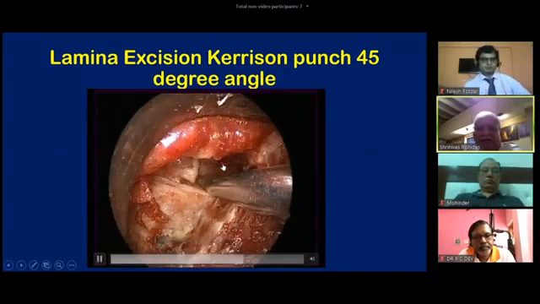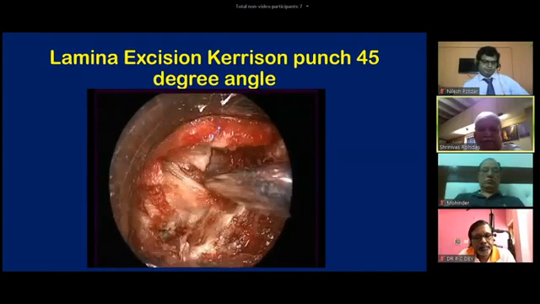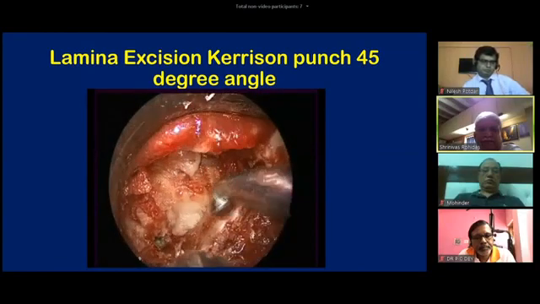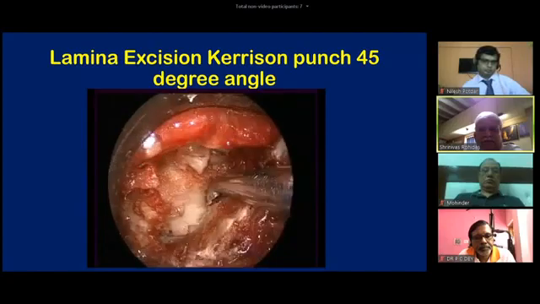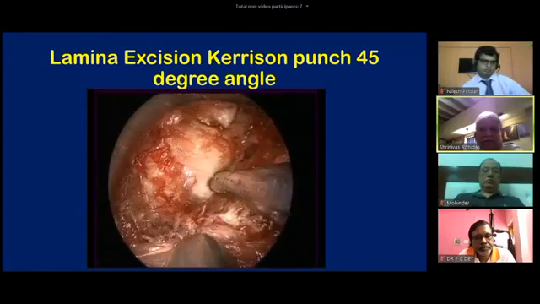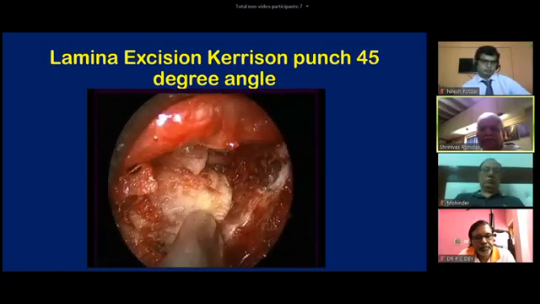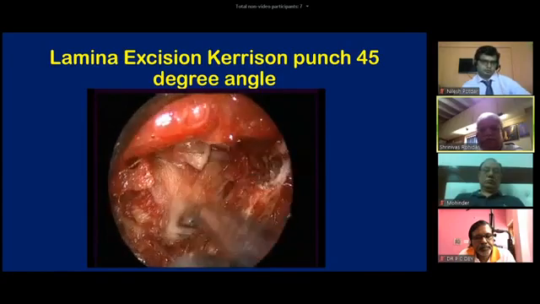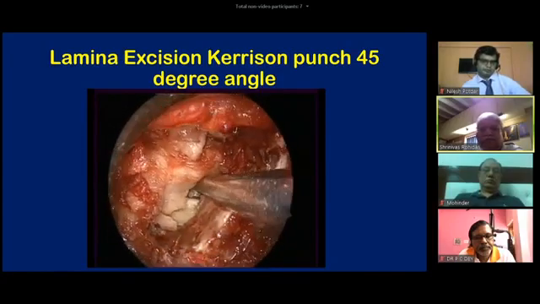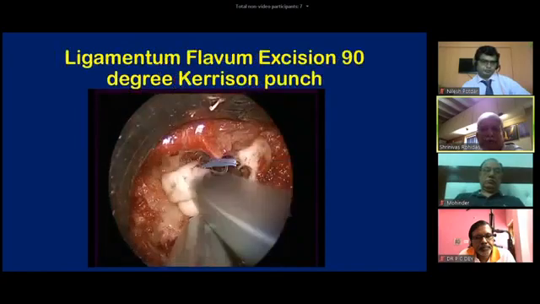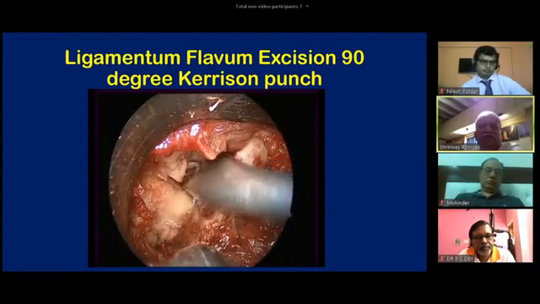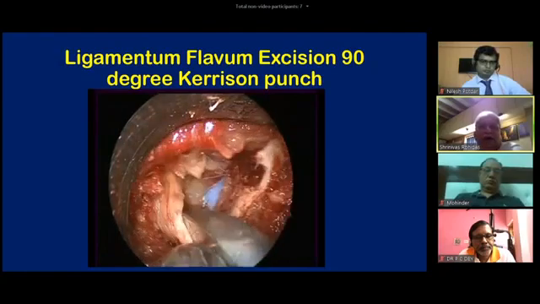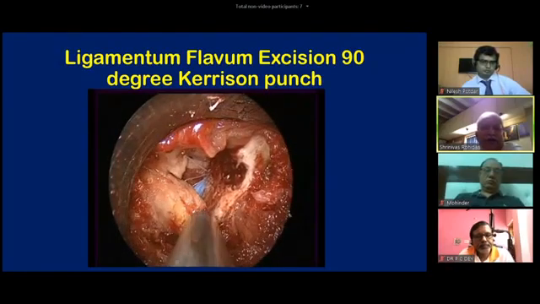We are detaching the flavum now. It's always better to protect the neural structure with cottonite. I have used cottonite to push the dura anteriorly.